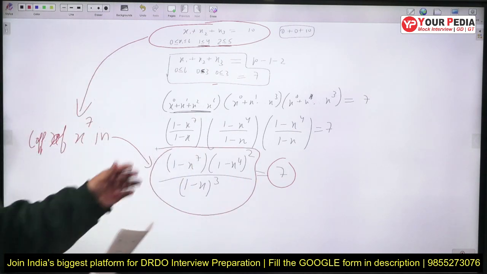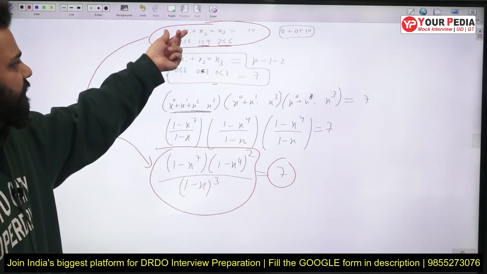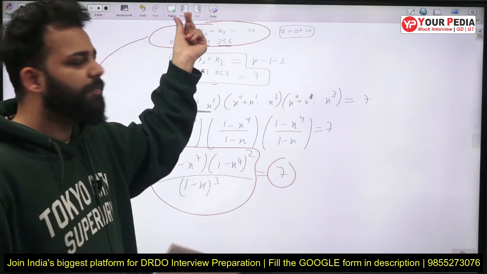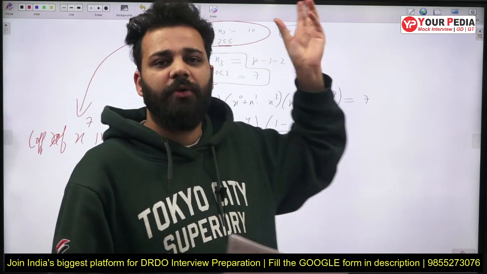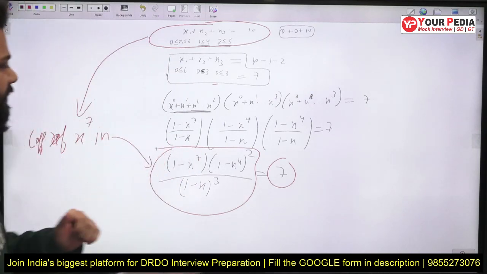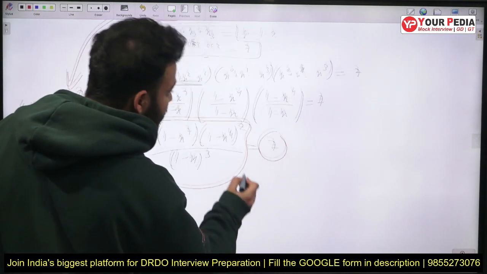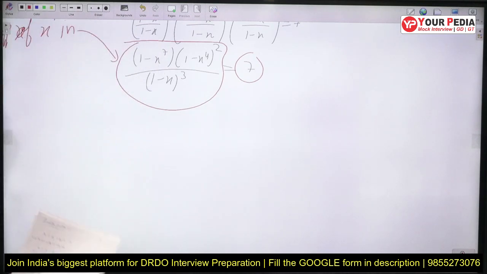If you could find the coefficient of x raised to power 7 in this, then you can find the number of different solutions possible for x1 plus x2 plus x3 equal to 10. So we need to find the coefficient of x raised to power 7 in this. Now there is a formula that we use in this. In order to solve this, we use the formula.